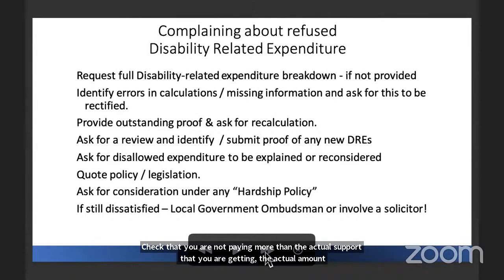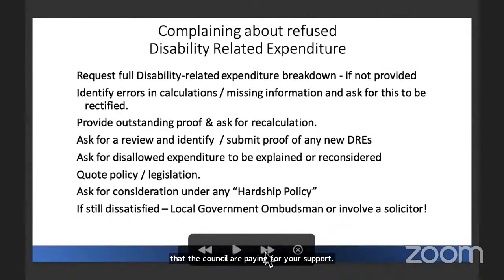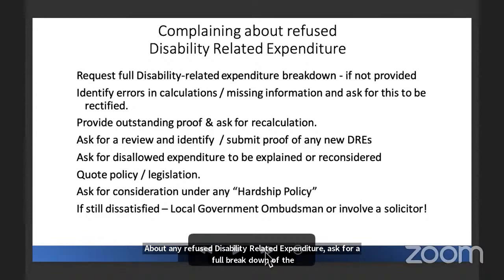And about any refused disability-related expenditure, ask for a full breakdown of the disability-related expenditure, because sometimes there's just a summary, just a single line with a total amount that the council have agreed. So if there isn't a full breakdown, ask for that.